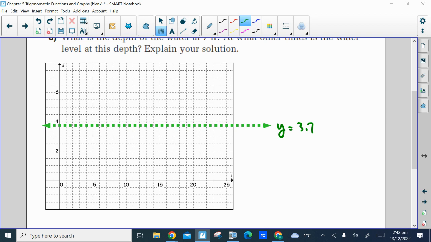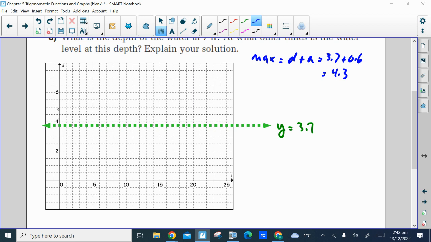Okay, and our maximum, because our amplitude is 0.6, will be 0.6 above the middle. You can find your maximum by taking the D value and adding the A value. 3.7 plus 0.6 is 4.3.